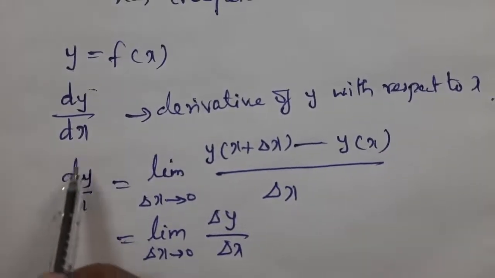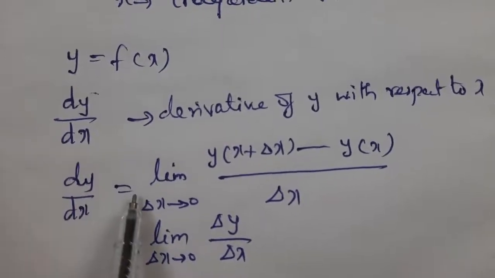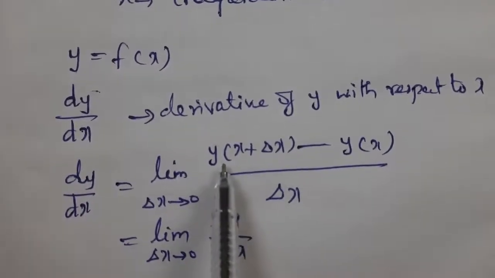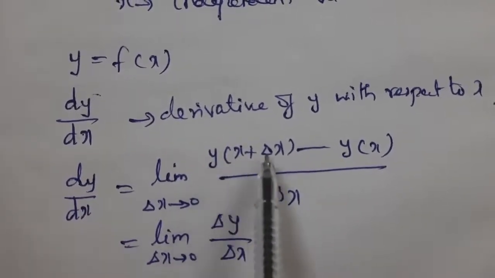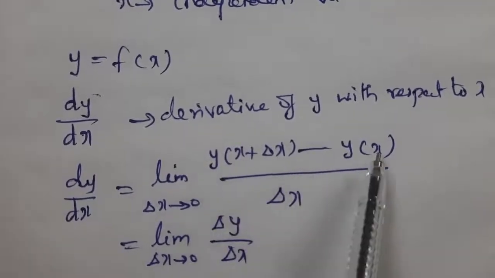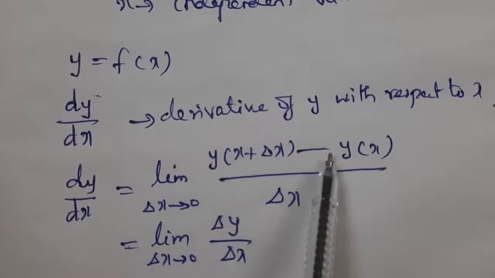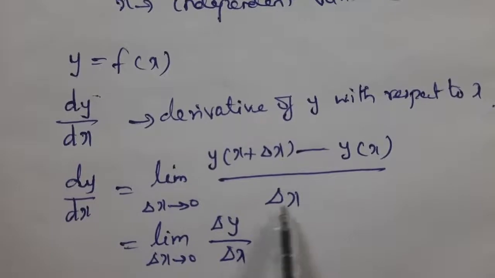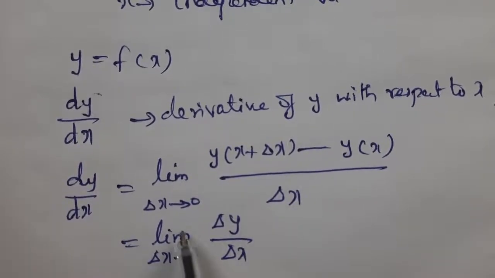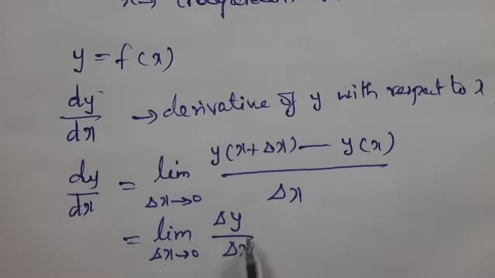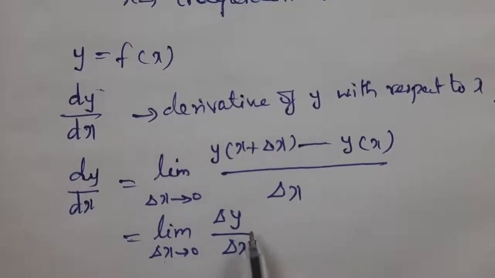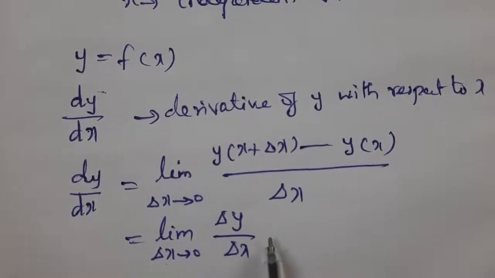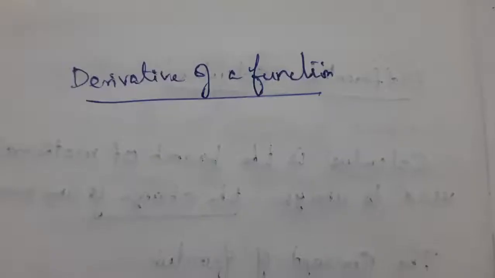So the derivative dy by dx is nothing but the variation of y with respect to x. y of x plus delta x minus y of x: this is one position, this is another position. So this is the variation of y with respect to a change in the particular x value. So dy by dx represents the limit of the quantity delta y by delta x as delta x tends to 0.